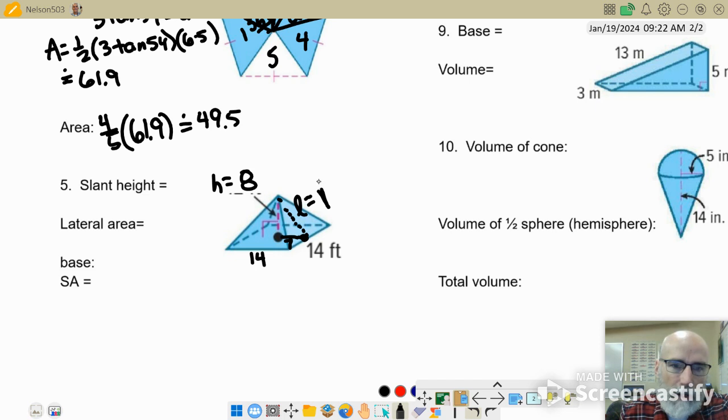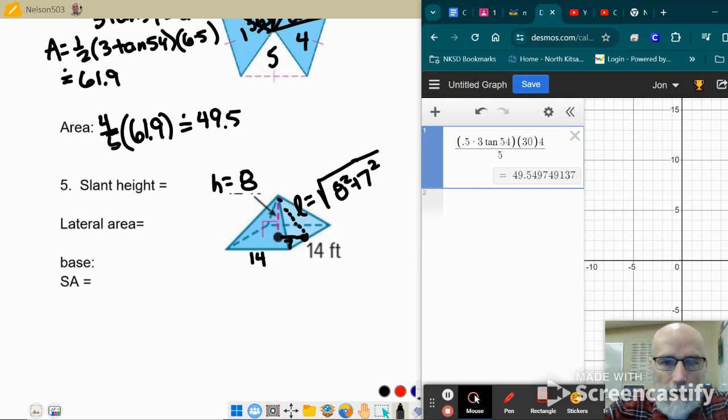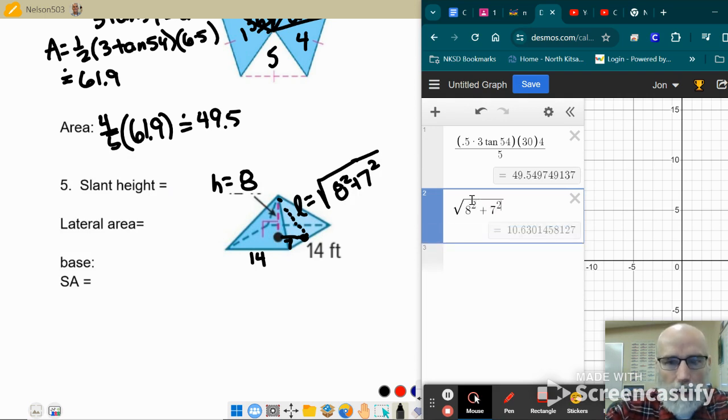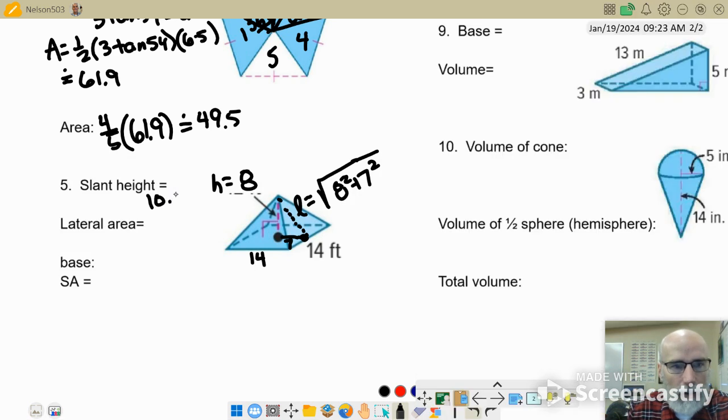So I'm just going to put down the square root of 8 squared plus 7 squared. And then I'll jump over to Desmos and type square root of 8 squared plus 7 squared, and I get about 10.6. So this number, the slant height, is 10.6, and it's in feet.